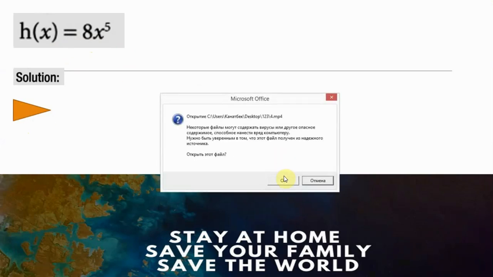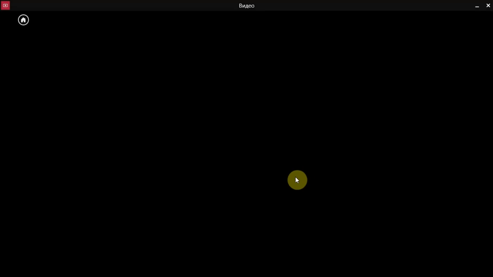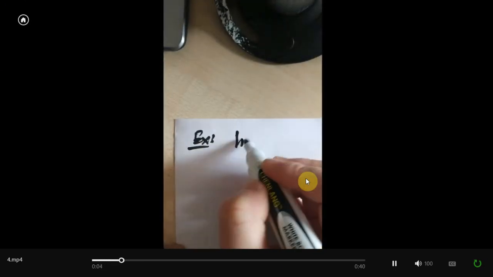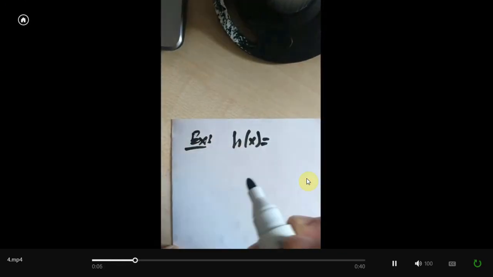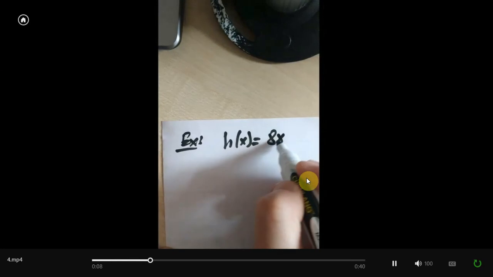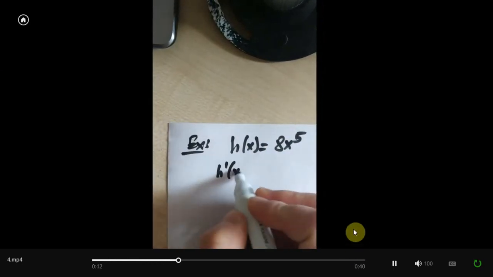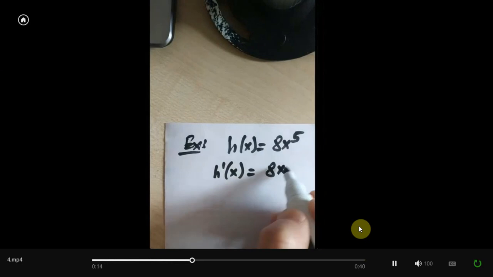H of x is equal to 8 times x to the power of 5. Let's look at the solution. Same logic, same rule.